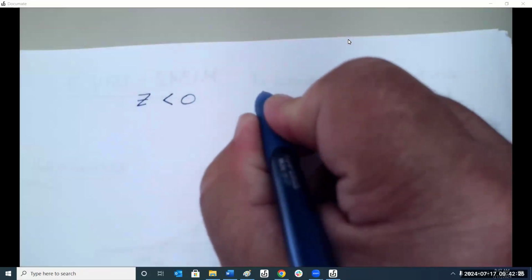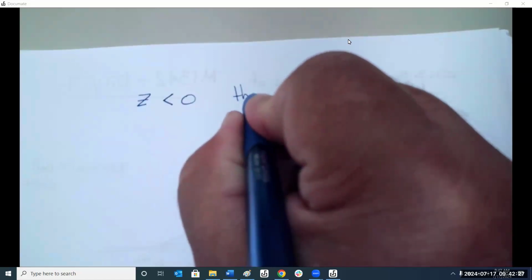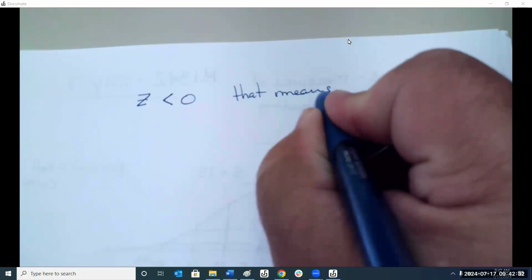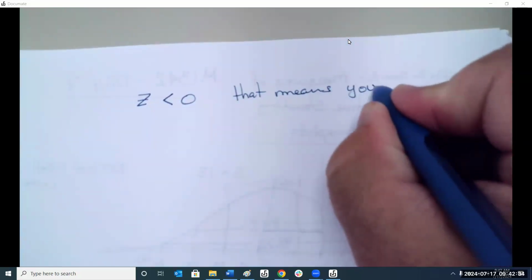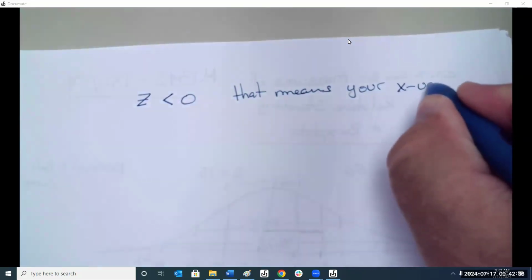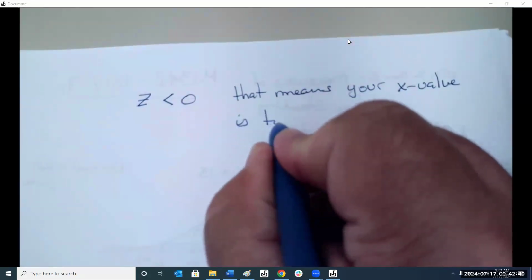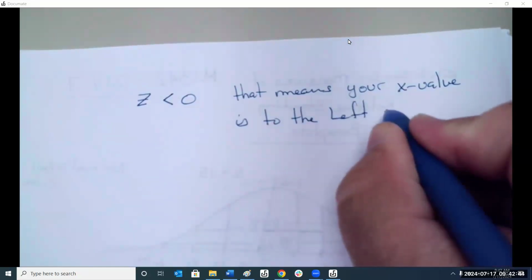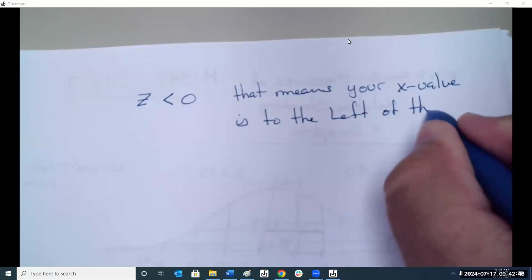The value you get for the z-score, if it's negative, if it's less than 0, that means the x value that you're looking at is to the left of the mean.